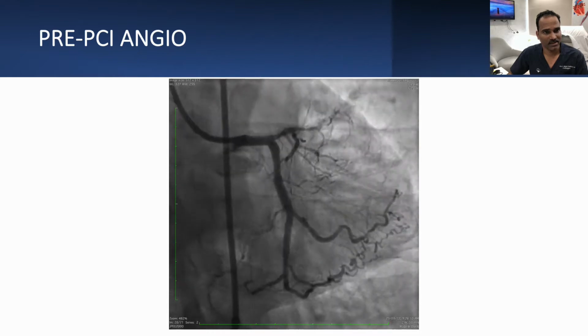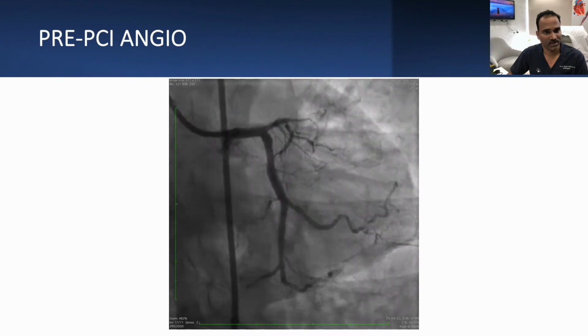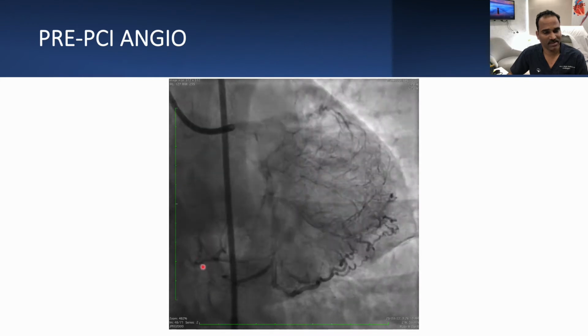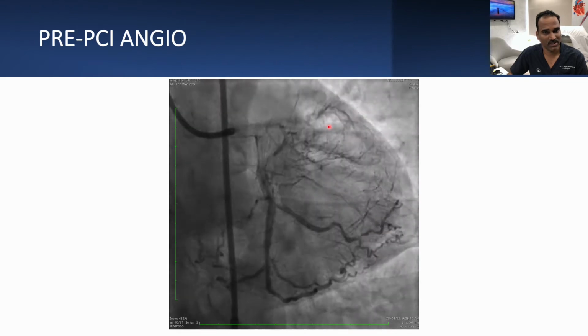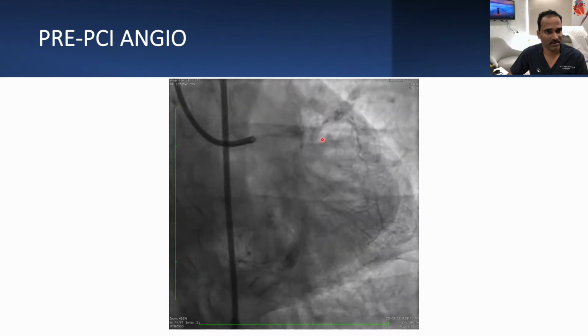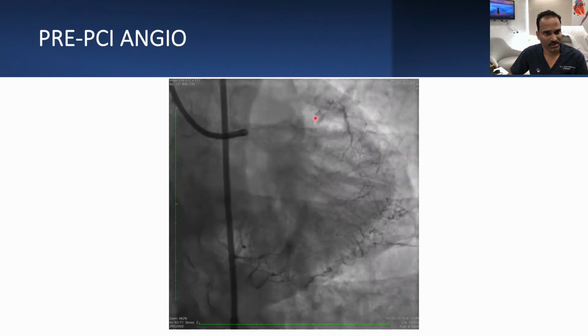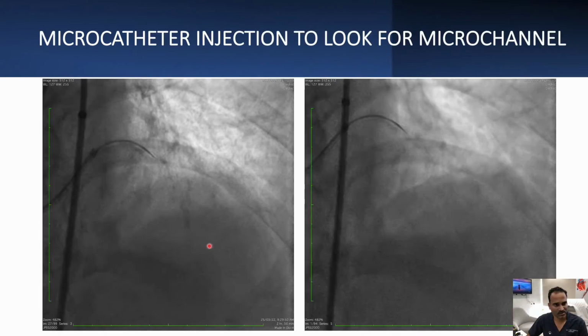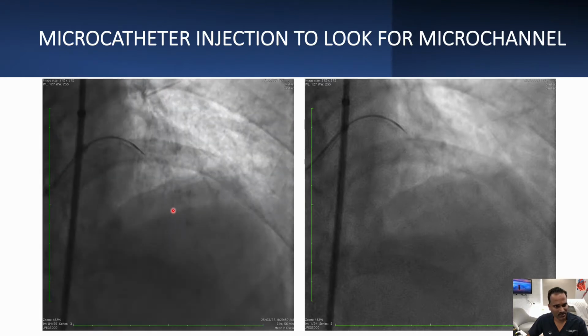So we did an angiogram before PCI. We have not taken dual injection as his right coronary is also totally occluded, and we have good ipsilateral collaterals for this LAD. So it appeared there is a connection or microchannel in the CTO, but when we took microcatheter injections, it was clear there is no microchannel.